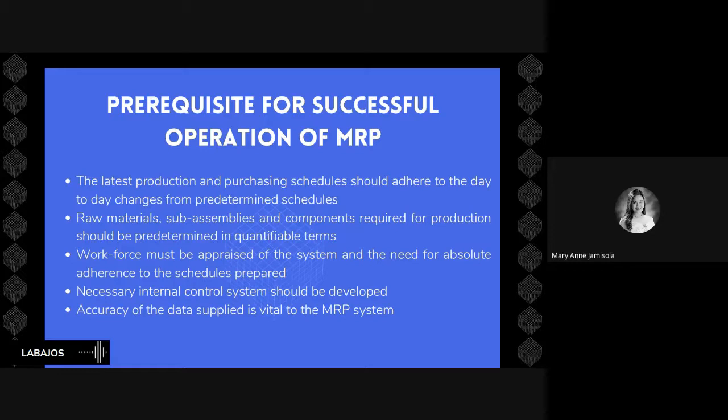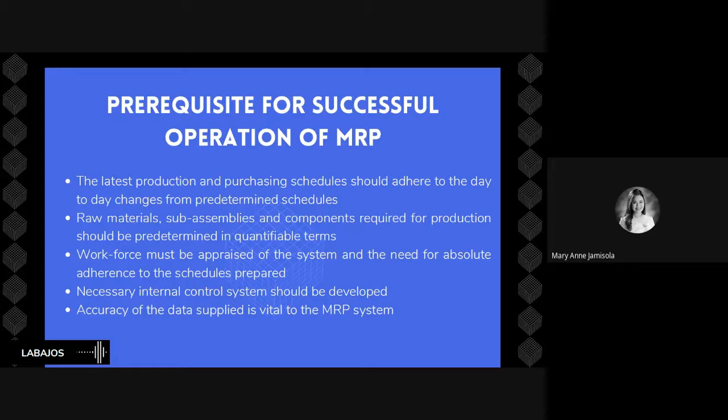So, for the operation of our MRP to be very successful, we need to make use of the expertise of our engineers or some other experts that will really know how many units of raw materials are needed in order to produce a particular finished good, and that information should be entered in the system. So that information will now be used by our system every time there will be a production of such specific finished good.